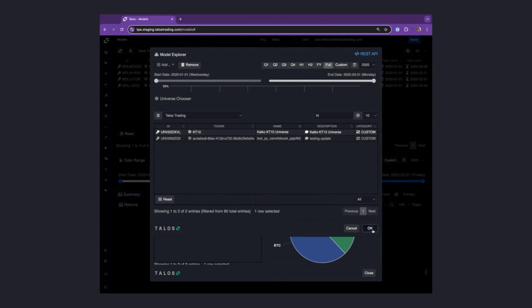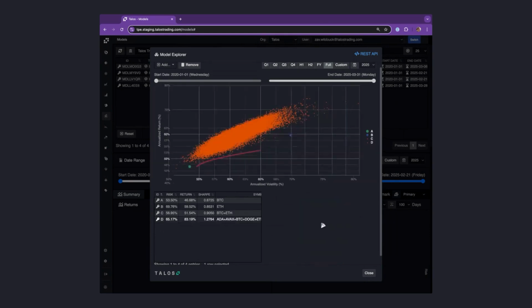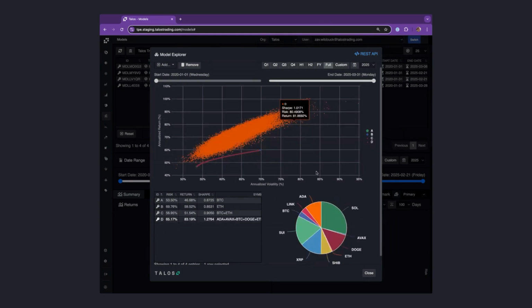What the system is doing here is generating 50,000 random allocations of the 10 assets in the KT10 index, and then calculating the risk and return of each of those portfolios using past 5-year returns. We want to compare how those 50,000 portfolios compare to just pure Bitcoin and Ethereum.